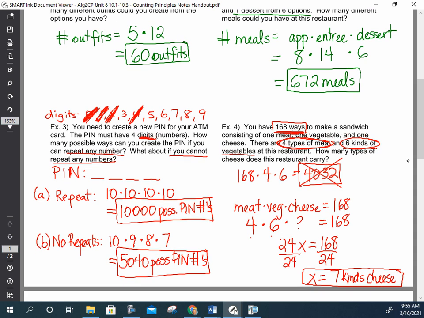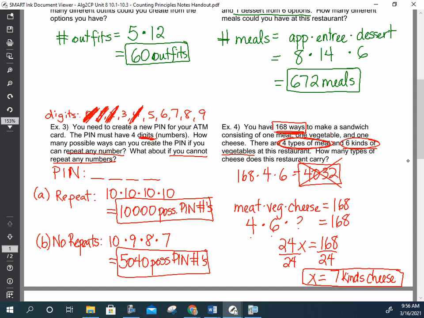So it doesn't matter which digits you use there. You just need to have both sets. It's still going to be like 9 and 8. Correct. So the 10, the 9, the 8, and the 7 is how many numbers you have available to you.